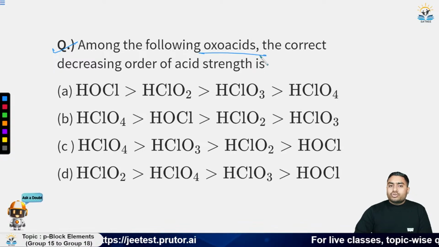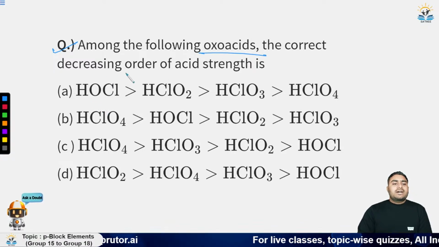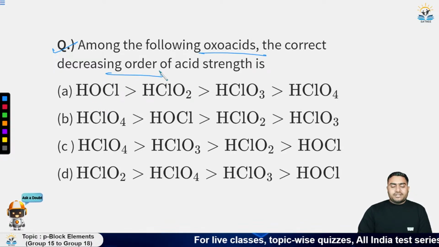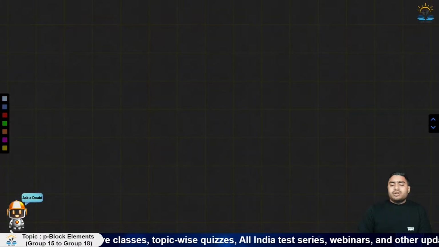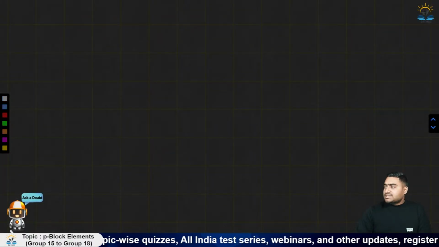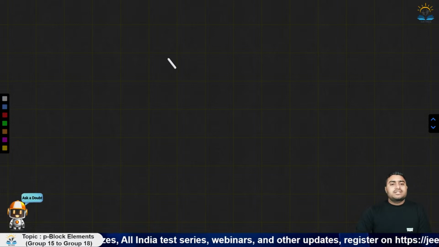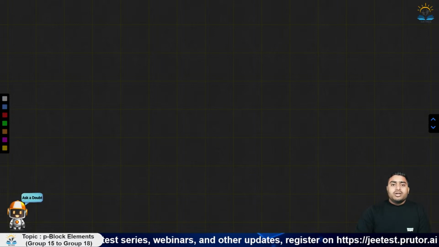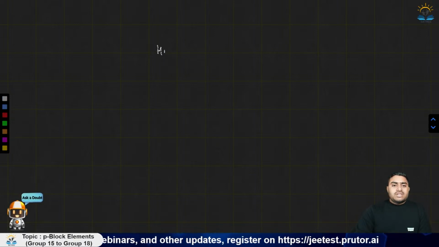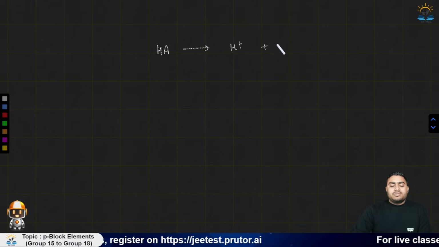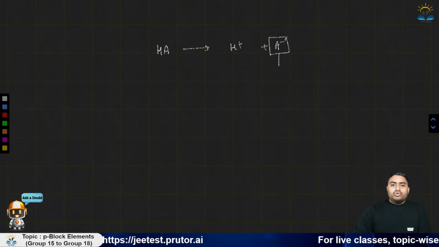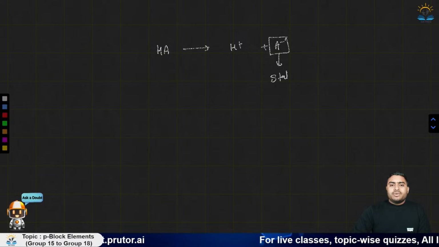Among the following oxo acids, you can see these are oxo acids, the correct decreasing order of acidic strength. Mostly if the question is asking the correct decreasing order of acidic strength, you have to check, suppose this is acid HA, it will release H positive and this will be the conjugate base. So you have to check the stability of this conjugate base as well.